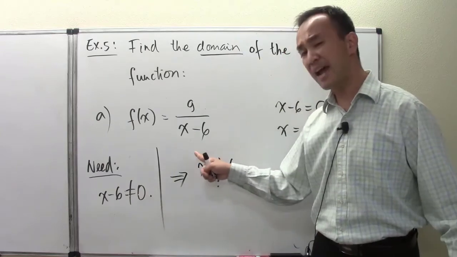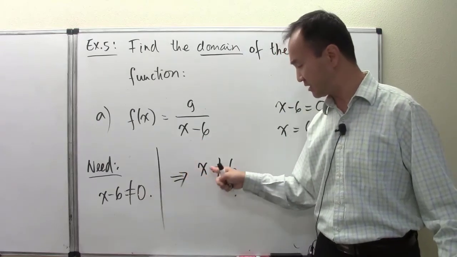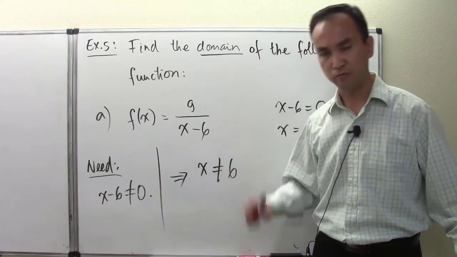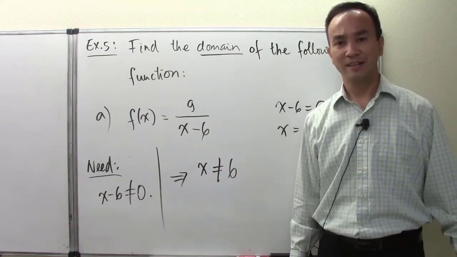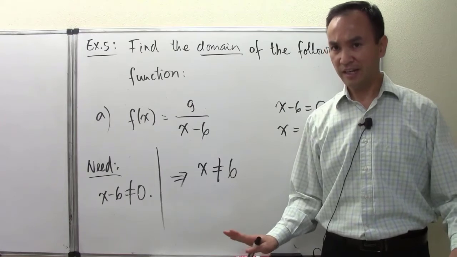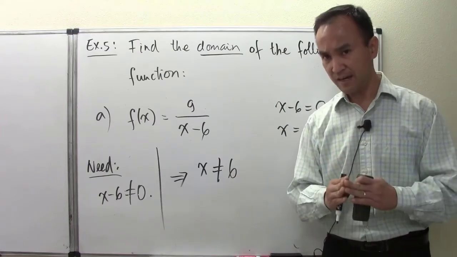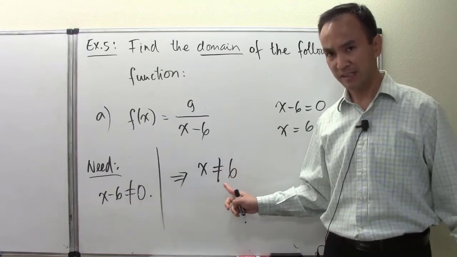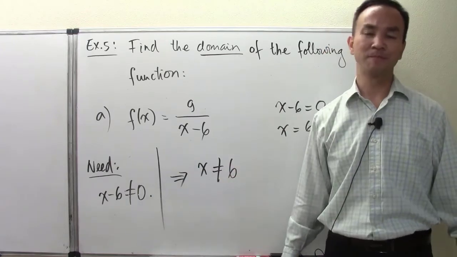Logically, that means the input values x have to be other than 6 in this specific problem. So we're slowly getting there. Now the domain is going to be any other values except x equals 6.